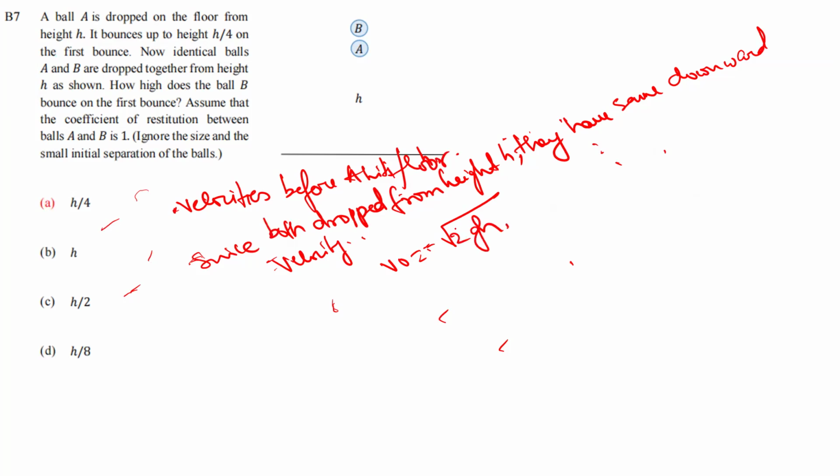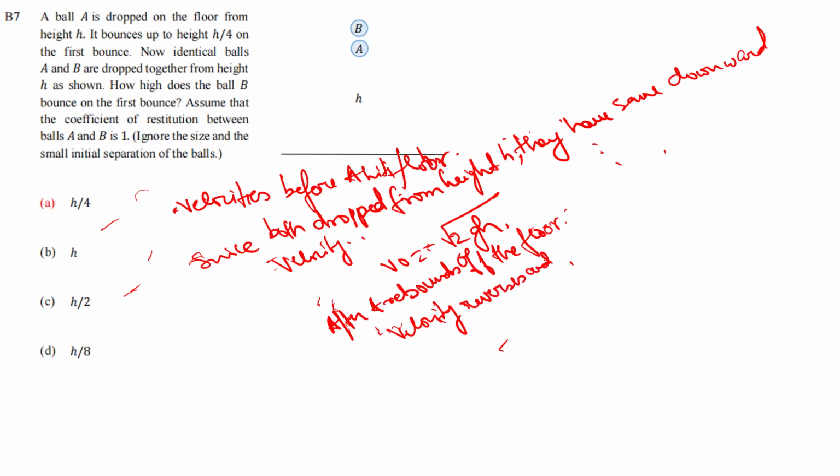After A rebounds off the floor, the velocity reverses and reduces by EF.